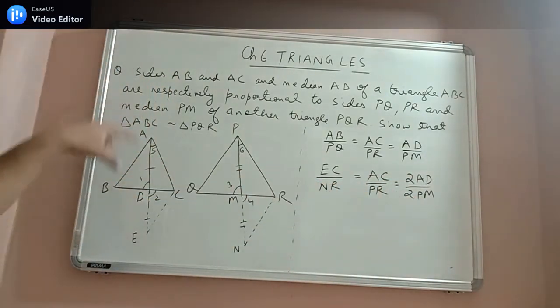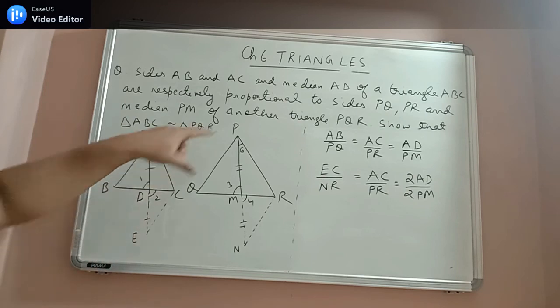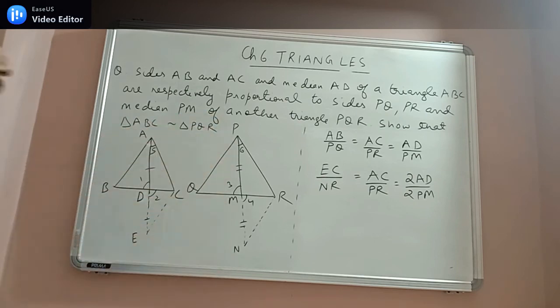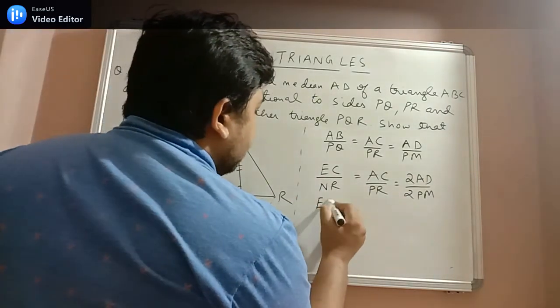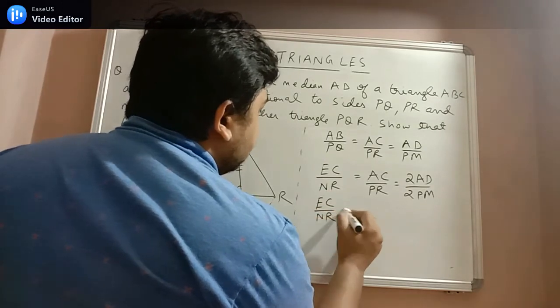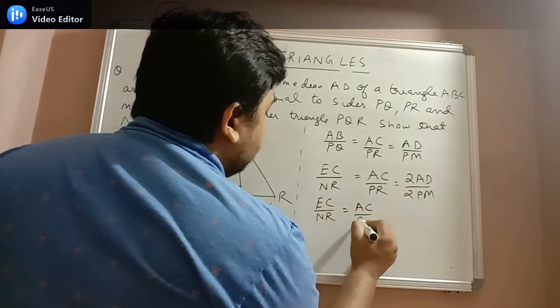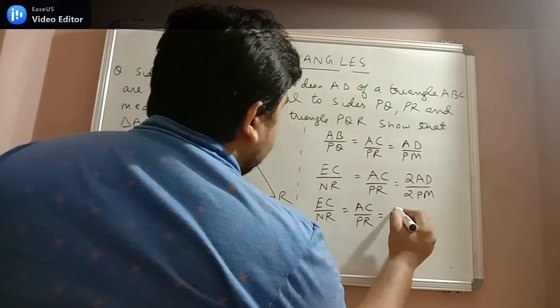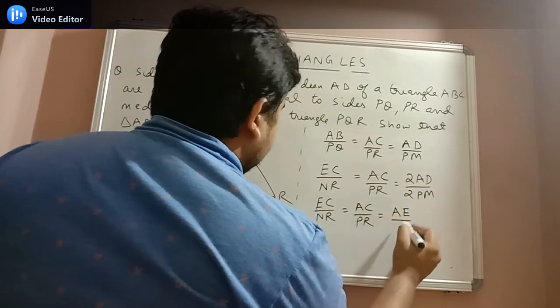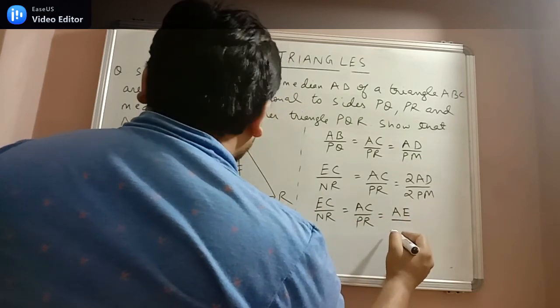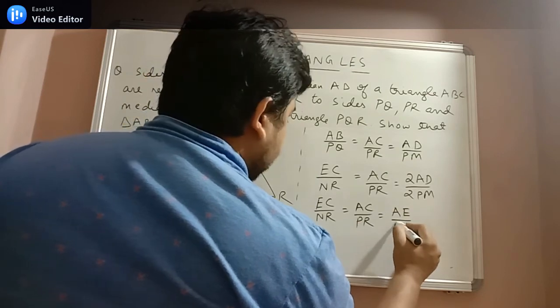Now what is twice AD? Twice AD is AE and twice PM is PN. So this ratio becomes EC upon NR equal to AC upon PR equal to AE upon PN.